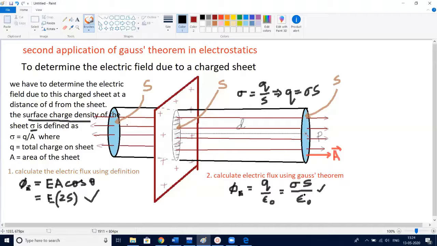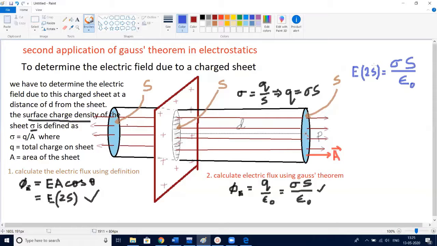So we can equate them, and we will get E into 2S is equal to sigma into S divided by epsilon naught.